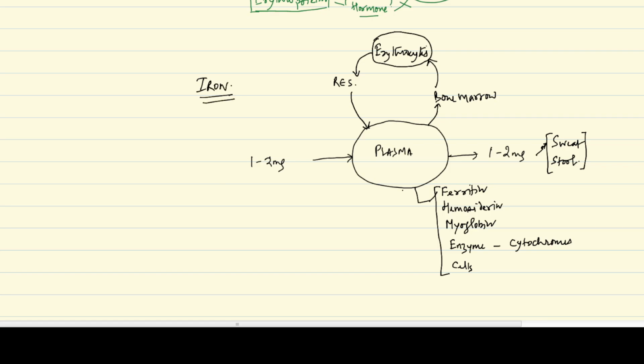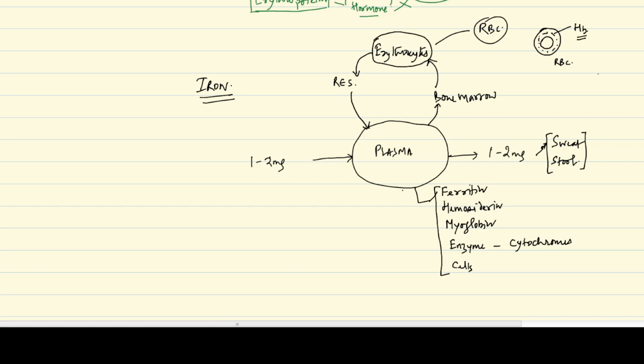Okay. So in the erythrocytes, what do they do? We have got erythrocytes, and within the erythrocytes are the RBCs, remember? That's a representation of an RBC. Within the RBC, we can see molecules of hemoglobin.